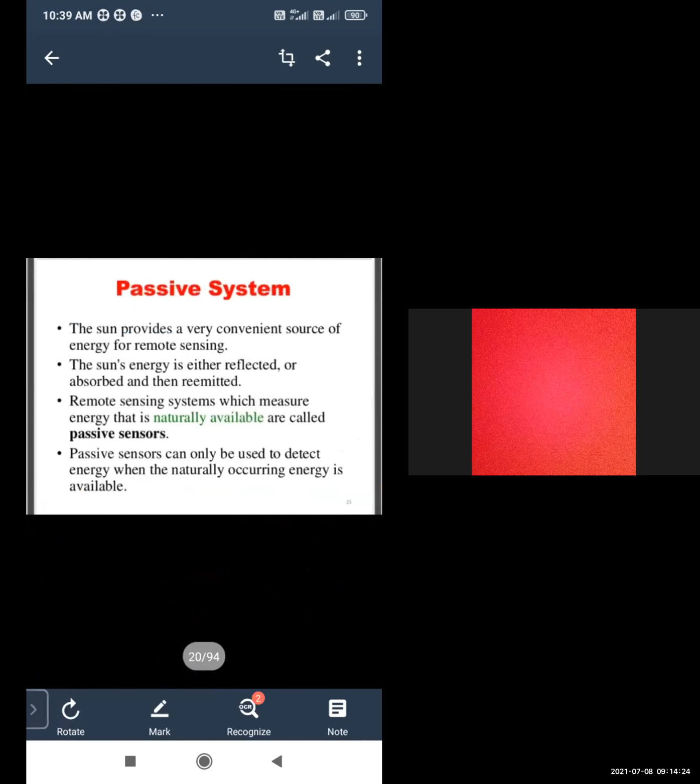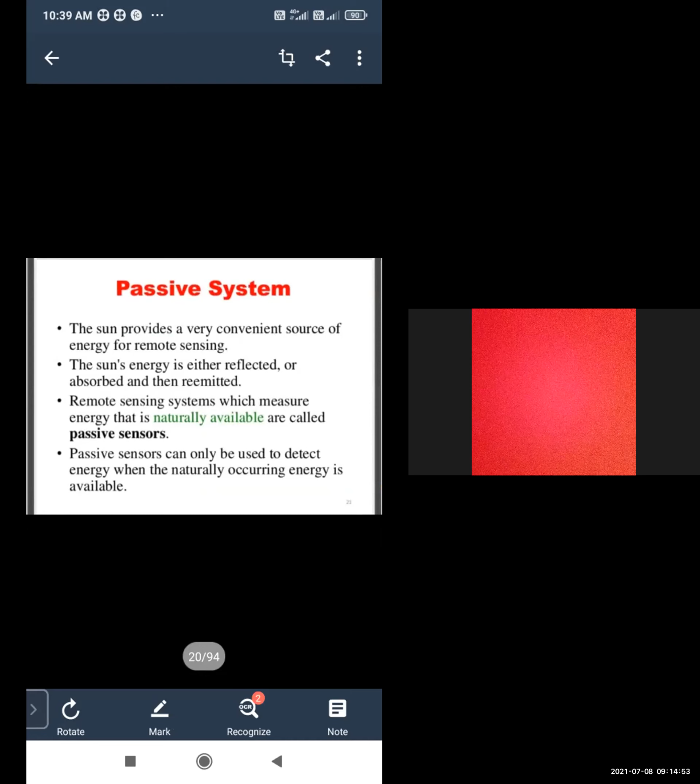So in passive system, the sun provides a very convenient source of energy for remote sensing, and sun energy is either reflected or absorbed and then re-emitted. Okay, so mainly passive remote sensing depends on sun energy, and the active source of energy is independent, it works on its own energy source.